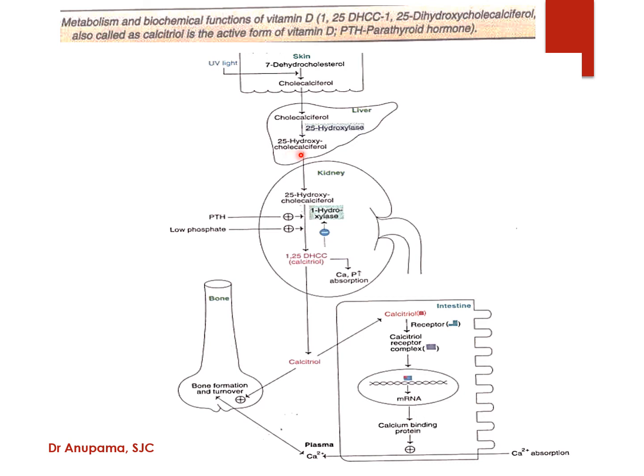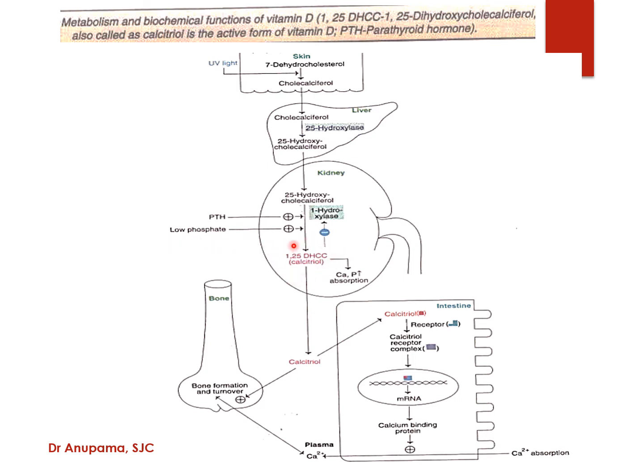Then this is transported to the kidney where it is again hydroxylated to finally form 1,25-dihydroxycholecalciferol or calcitriol. The expression of this hydroxylase is induced in the presence of parathyroid hormone or when the phosphate levels are depleted.